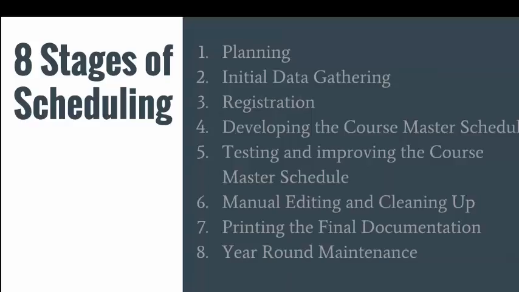Printing the final documentation. So it's good to have a physical copy of everything that you have worked for with this creation of the master schedule. And then year-round maintenance, making sure that students, new students, or students who change their schedules are entered into the system or have their schedules updated as needed.